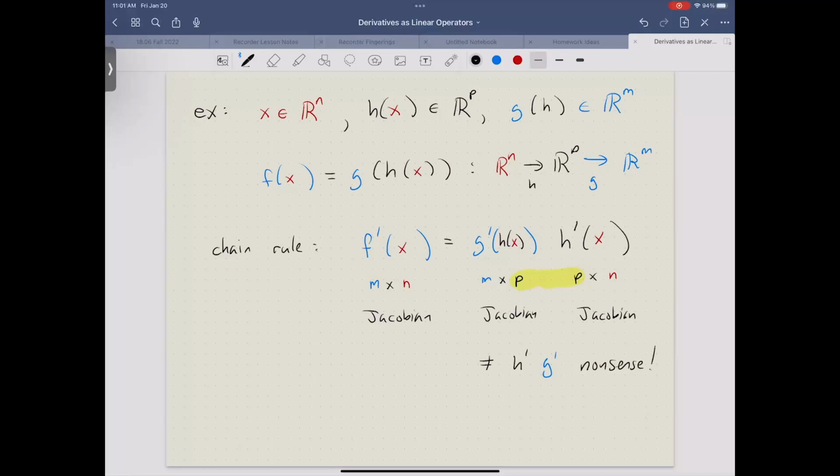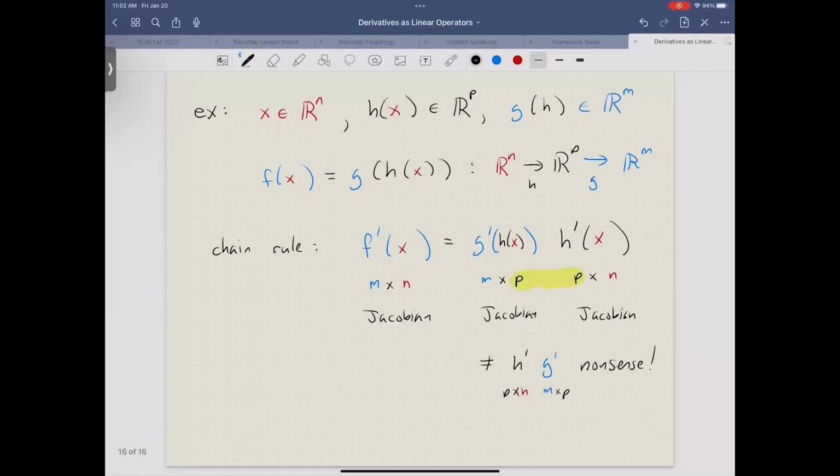If you multiply a p by n times an m by p, it doesn't even work. So you really can't change the order of these things. So this is nonsense, I guess, if n is not equal to m. Even if n equals m, that product means something, but it's not equal to the derivative of f anymore. That would be the derivative of g of h of x if you swapped the order.